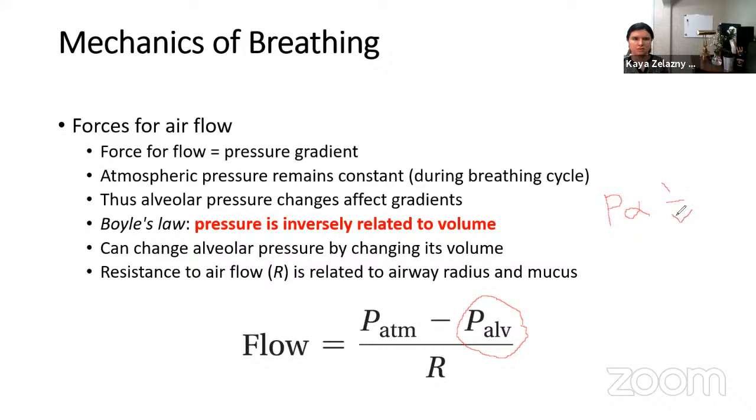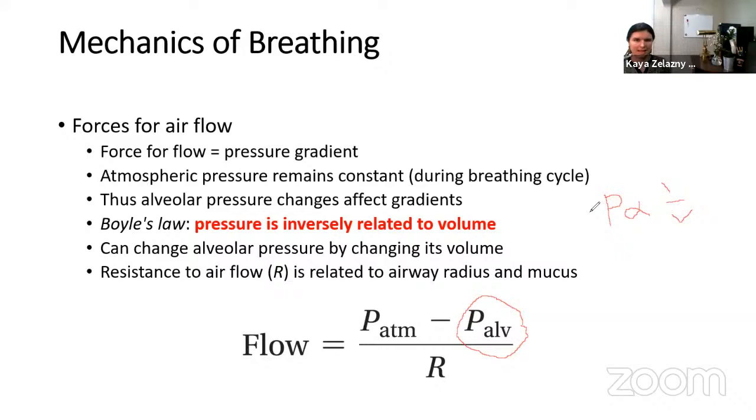Okay. So we're going to be able to change alveolar pressure by changing the volume. So there are other things that would determine exactly what the number for the pressure is. There are a bunch of constants in Boyle's law. But what we really want to focus on for our purposes is the fact that as we change volume, right, we're going to see an effect on pressure.